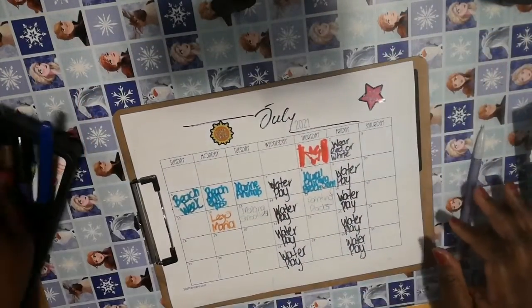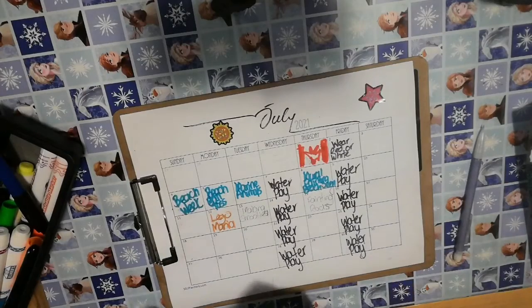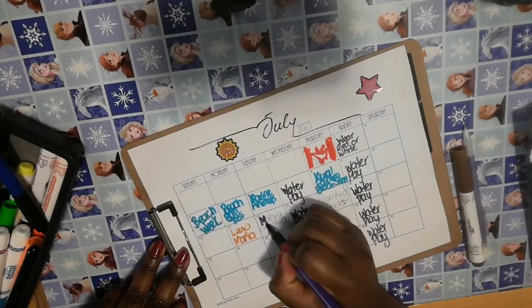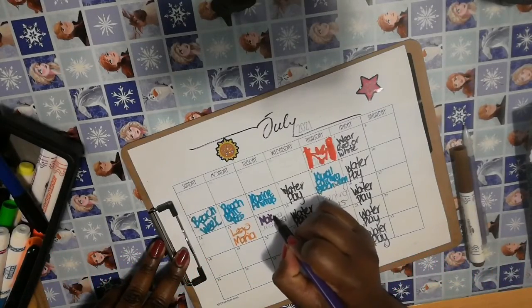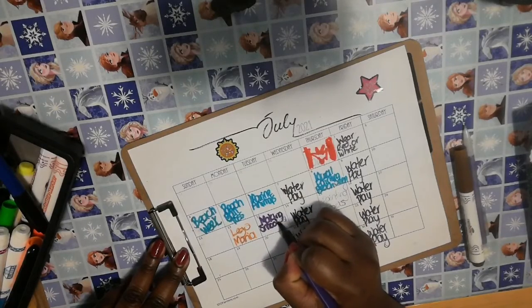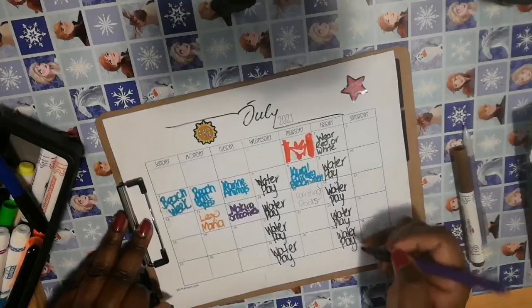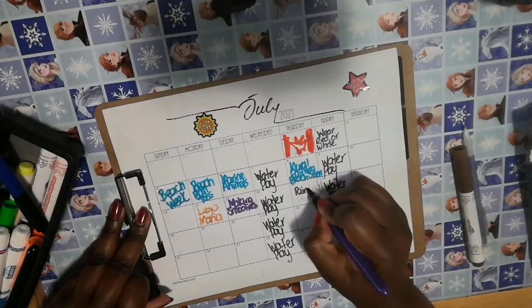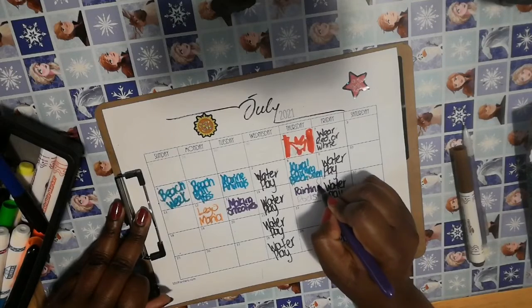Okay, so let's color that in, and I'm going to put making smoothies in purple. And then in painting, oh, I don't know why I went purple again, but that's okay.